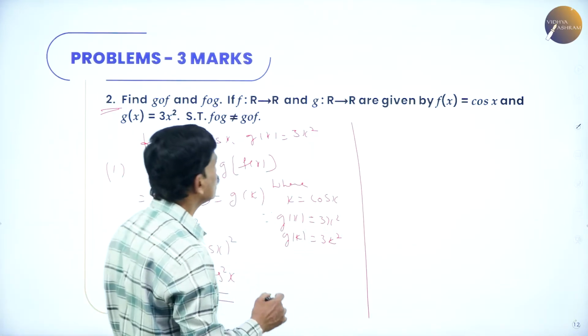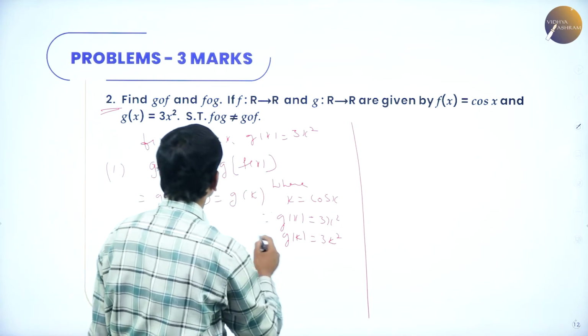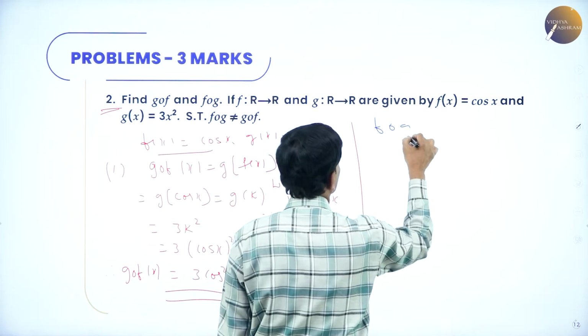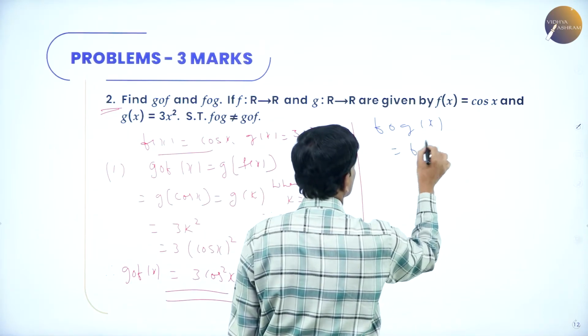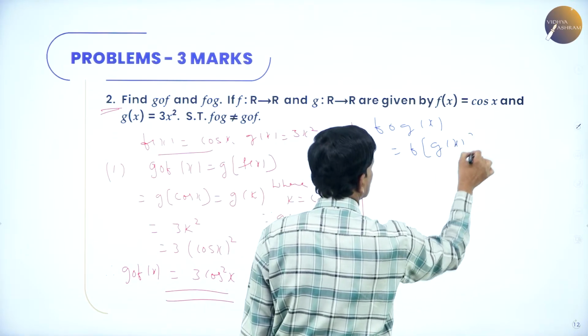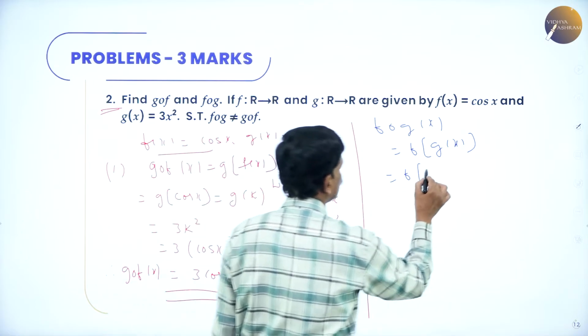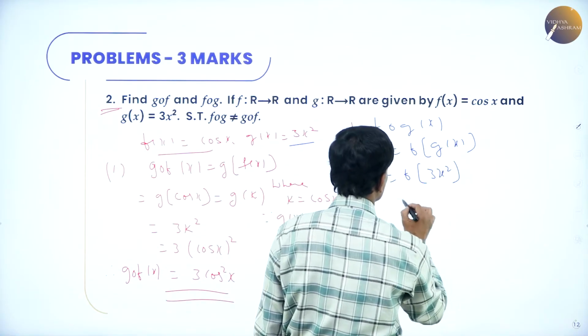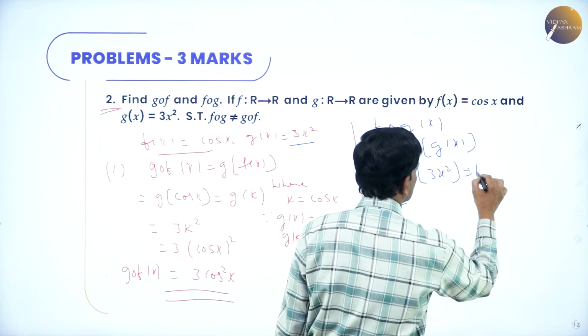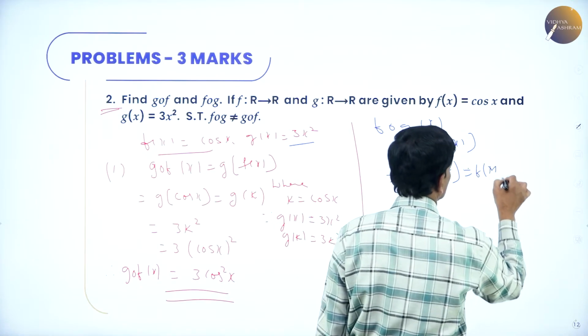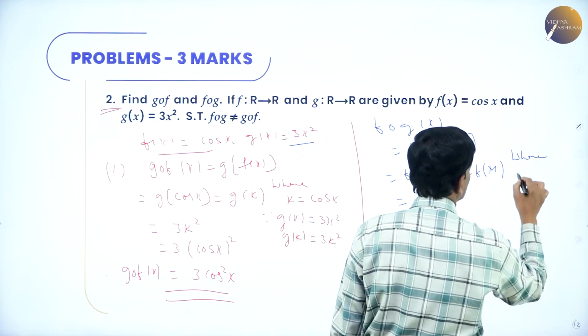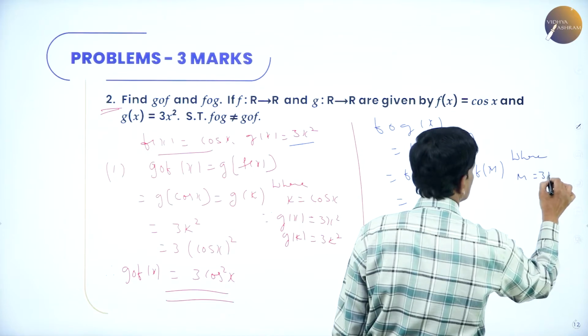On the other hand, let us find out f naught g of x. So this is equal to f of g of x. F of, what is g of x? G of x is equal to 3x square. Let us represent this as f of m, where m is equal to 3x square.